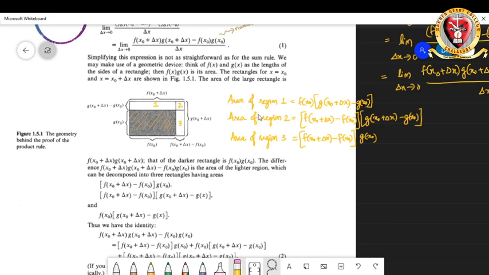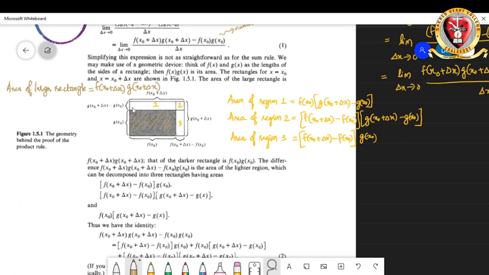Okay, so in total, we know that the area of the larger rectangle will be equal to, the whole length will be f of x naught plus delta x into g of x naught plus delta x.